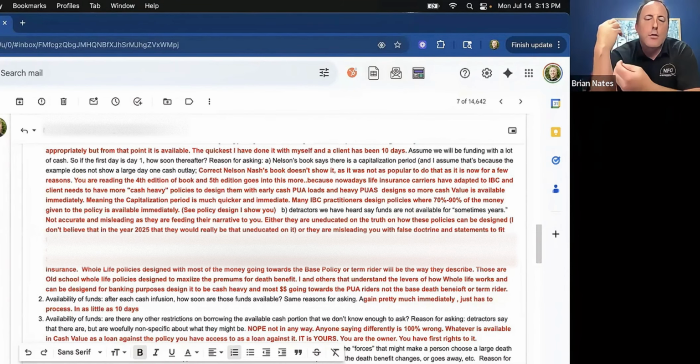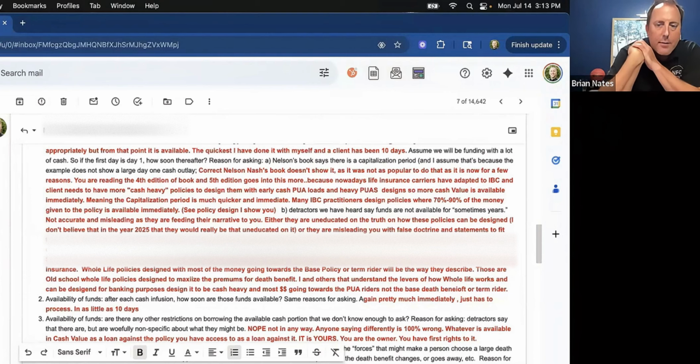The capital that's being built into the policy is through the paid up additions rider. Now there's dividends and stuff like that that create more and more, but the detractors saying funds are not available for sometimes years is just not true of a dividend paying whole life insurance contract from a mutual company.